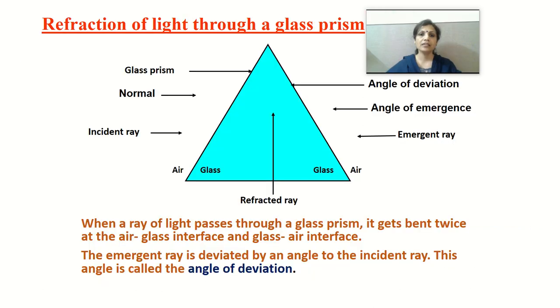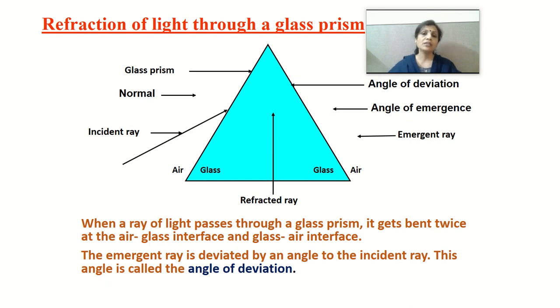Let's now understand refraction of light through a glass prism. I told you that for drawing a ray diagram, usually we draw a triangle for showing a prism. So a triangle is drawn here. Now imagine that the ray of light falls on the refracting surface of the prism like this.